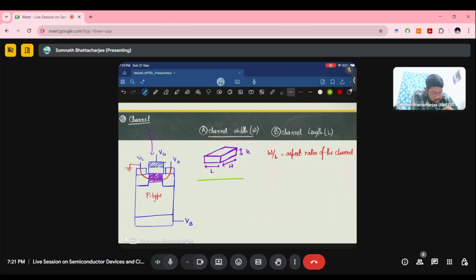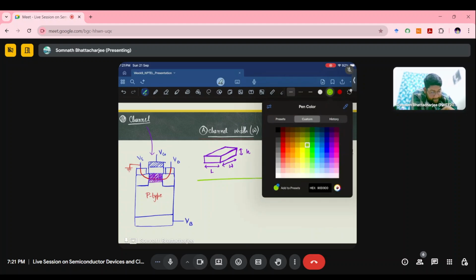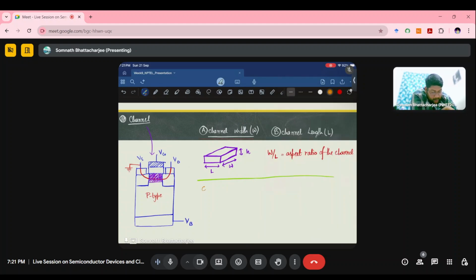So apart from this, there are other parameters as well. That is the capacitance density. So what is capacitance density?